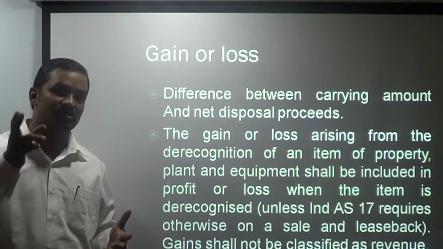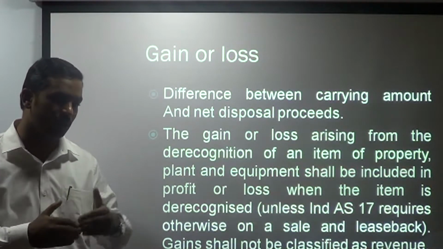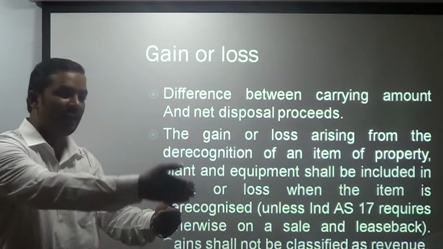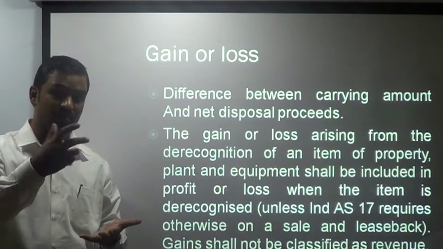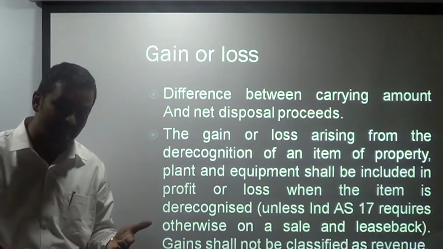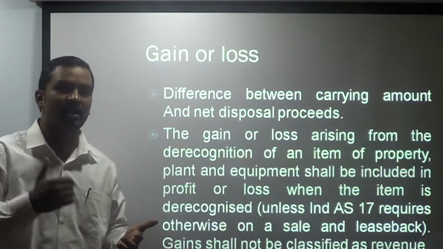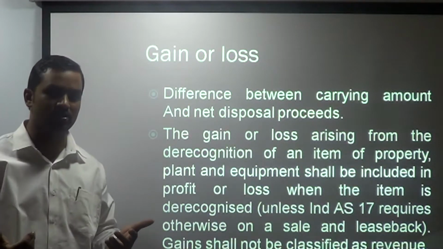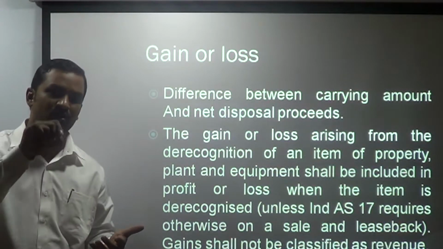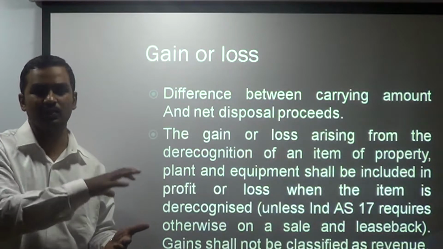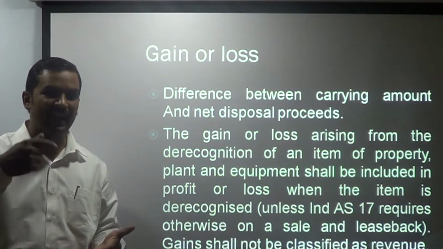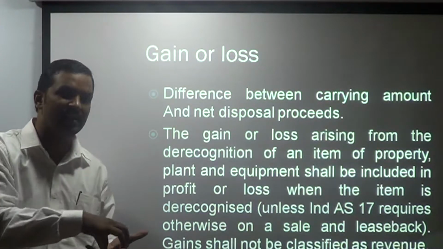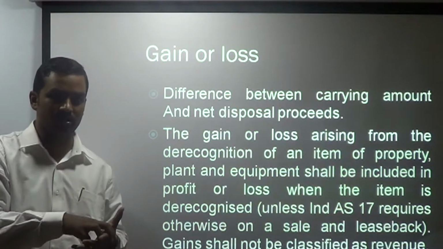But in the case of Ind AS 17, when you have sold an asset and you have again taken it back on finance lease, in such case, such gain or loss would be amortized over the lease period in the proportion of depreciation charged on that asset. But this is a prescription of Ind AS 17, not as per Ind AS 16. So as per Ind AS 16, on disposal of an asset, any gain or loss should be immediately recognized in profit and loss account.